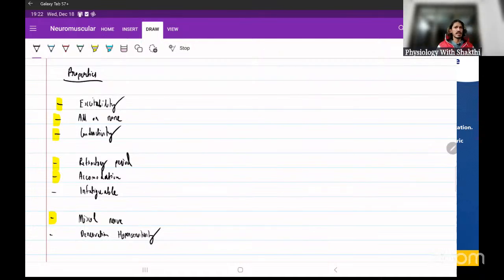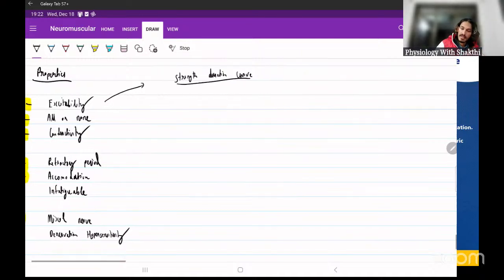So under excitability, what is excitability? The ability of a tissue to respond to an external stimulus. So when you stimulate an object, the ability of that object to respond to an excitable stimulus, that is excitability. Okay, so this is where we have to talk about your strength duration curve.